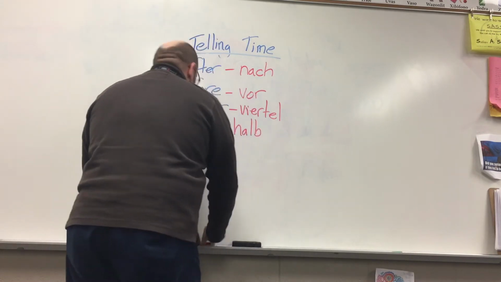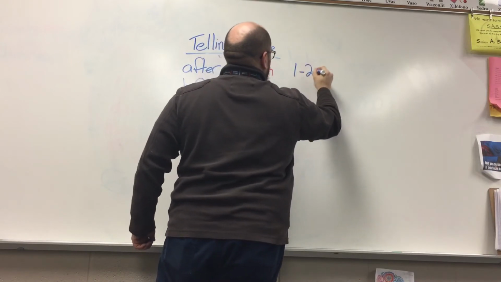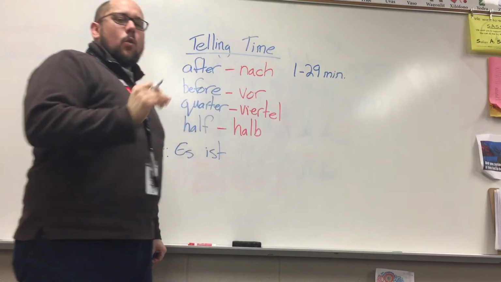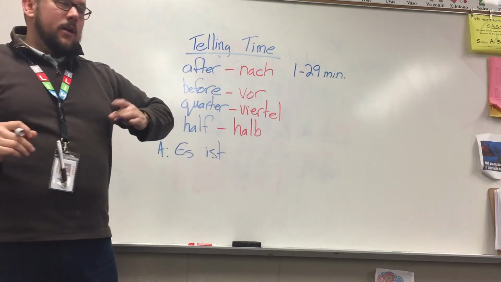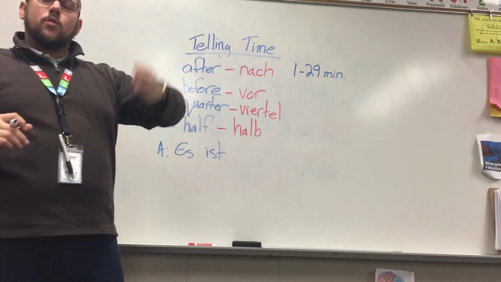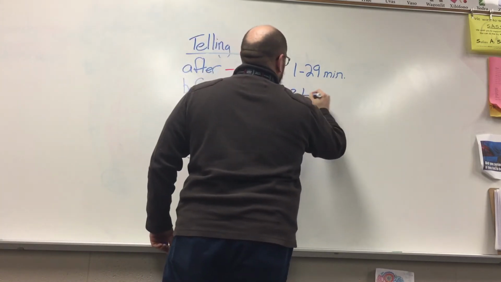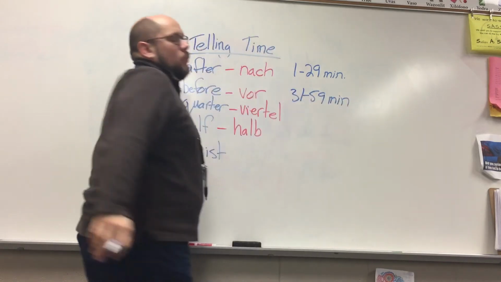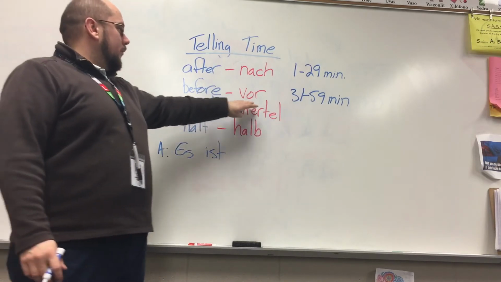One last thing for a couple of these. Nach, we only use for 1 to 29 minutes. So 7:01 to 7:29, it's 1 after 7 through 29 after 7. Before, we will say 31 to 59 is where we'll use vor.